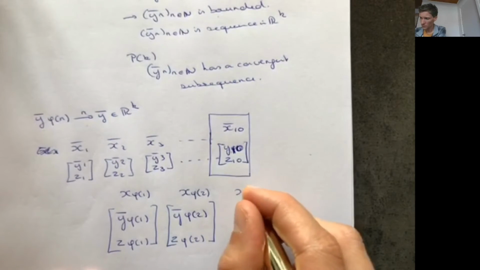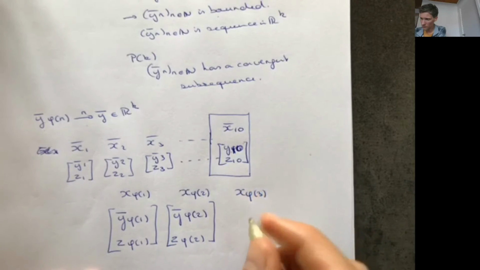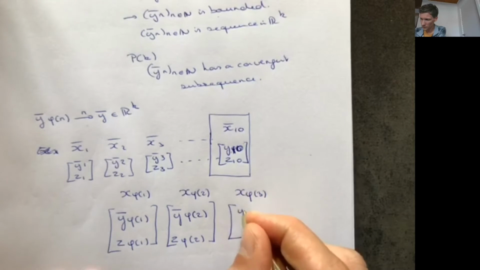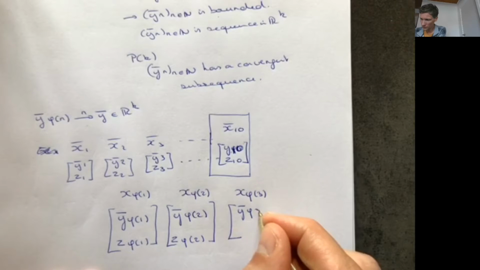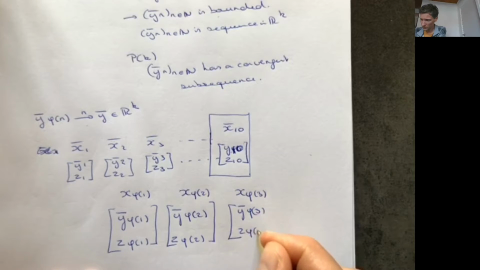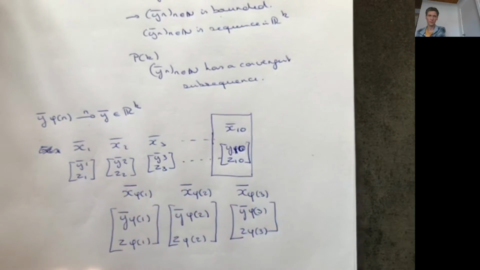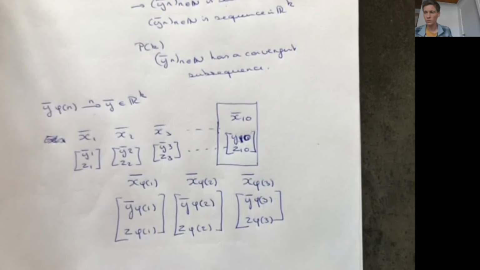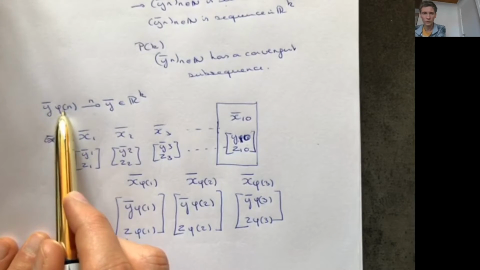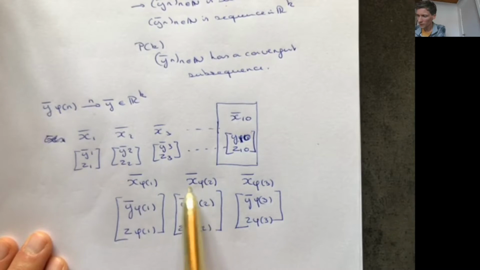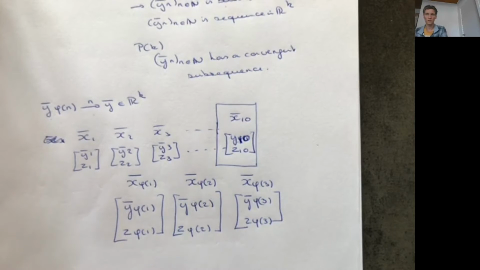I can find the third element, x phi 3, which is basically y phi 3, z phi 3. All these are, of course, vectors. So basically what I can do is look at this subsequence of y's and get the x's and the z's that correspond to it.